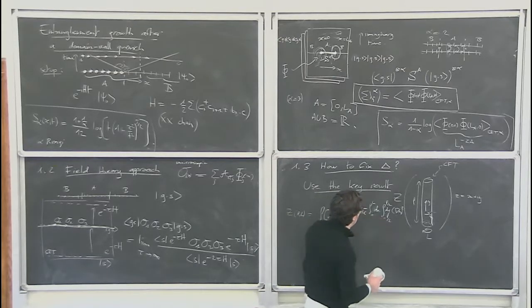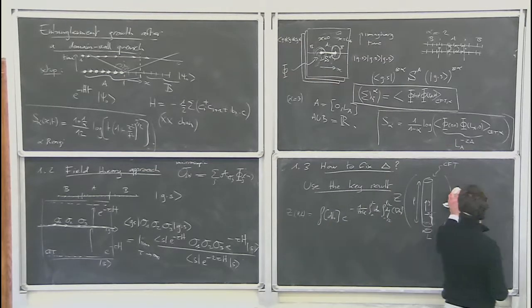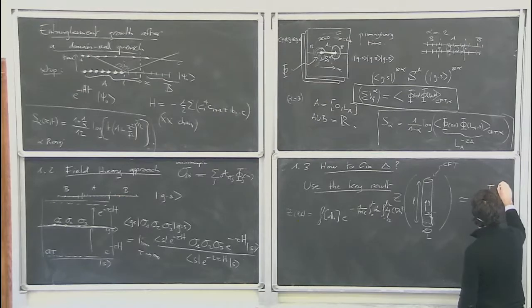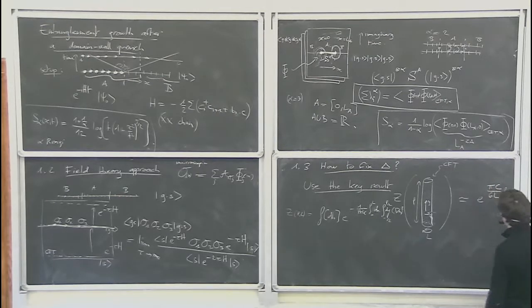Anyway, the CFT contribution to the partition function goes as follows. It goes as exponential of pi c over 6 times L over L, where c is the central charge.